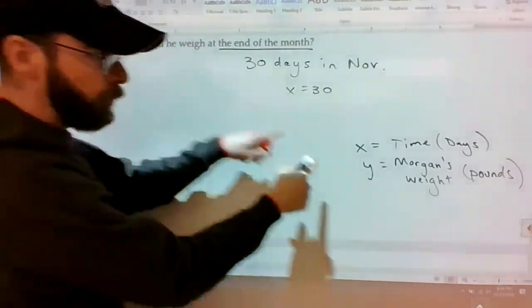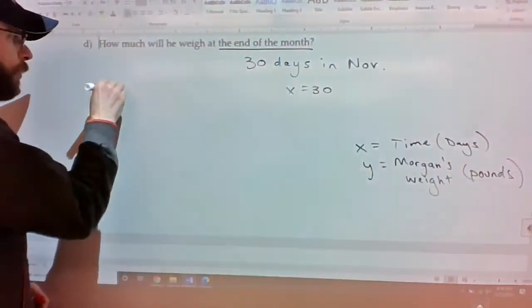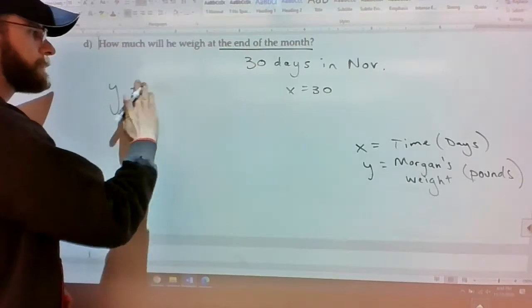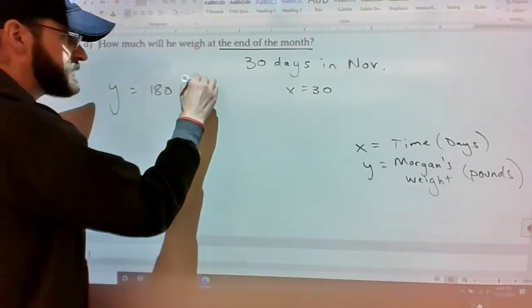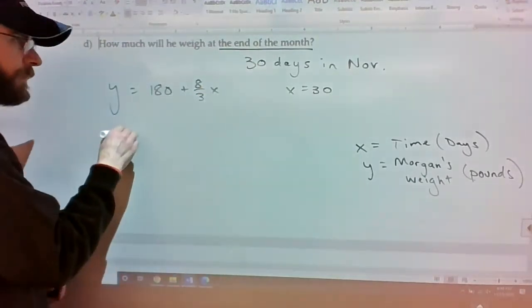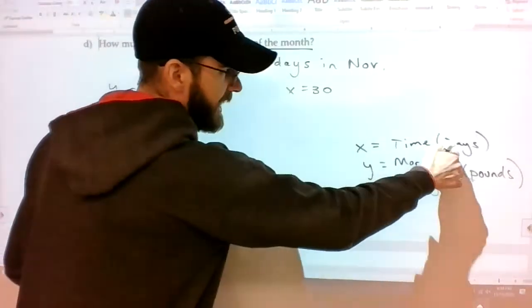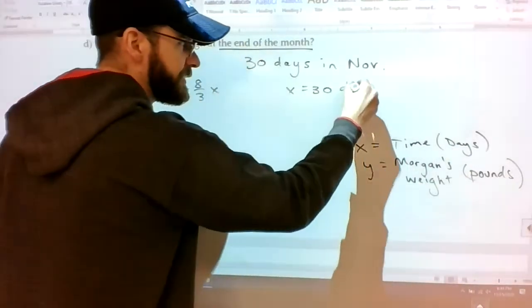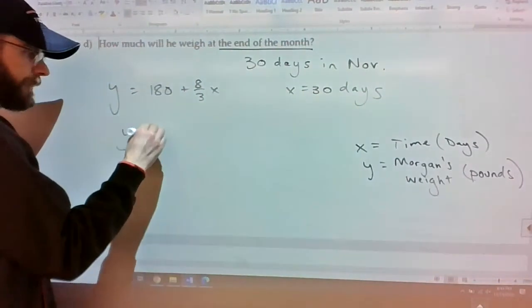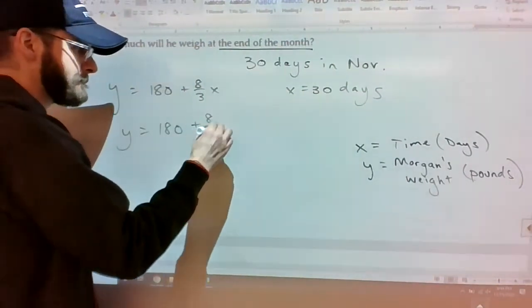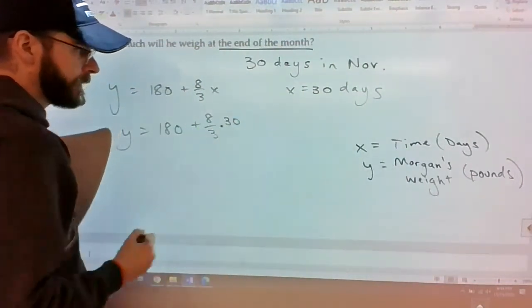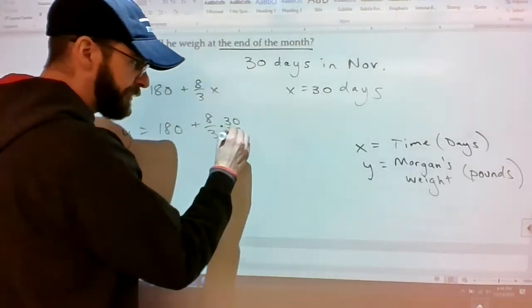How much will he weigh in pounds? So y equals 180 plus 8/3 x, right? So 30 days in for the x. X is days, 30 days. That's the end of the month. We just talked about how to multiply fractions, put the 30 over 1.